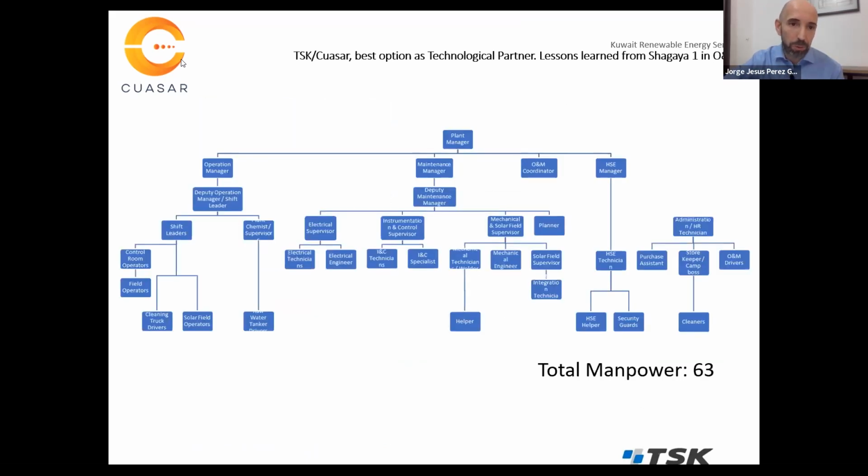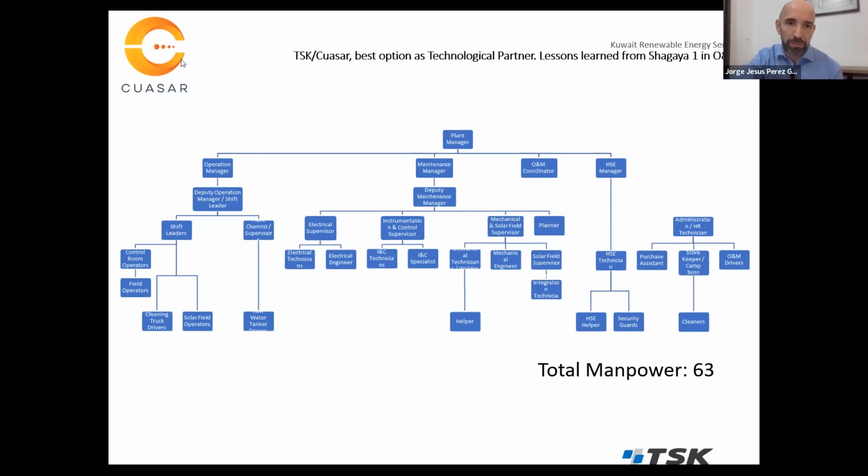I want to show you here what is our hierarchy in the plant. Now during the operation and maintenance phase, we are in total 63 people, but due to all the challenges that we were seeing before, we are having special things.